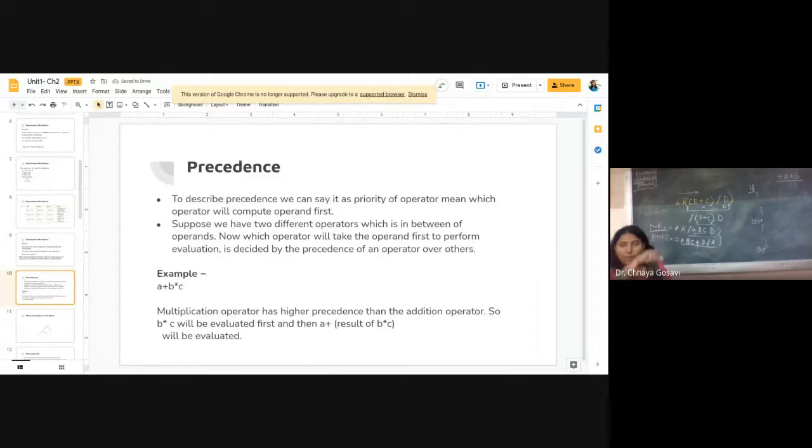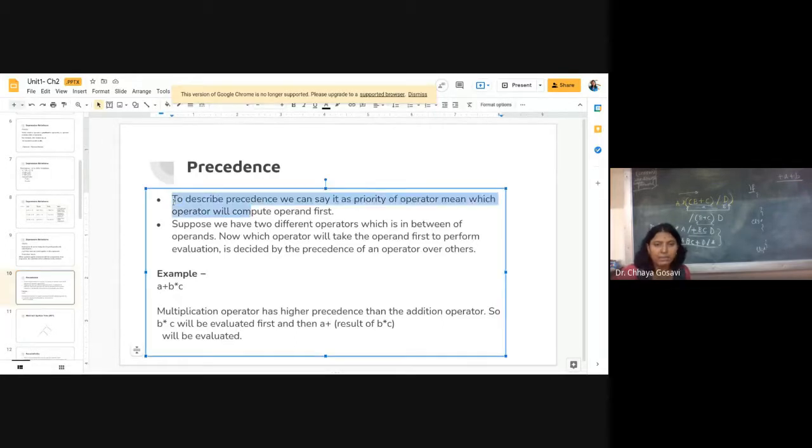We have just talked about what is precedence and associativity. So precedence is operator precedence, high precedence operator. To describe precedence, we can say that it is priority of operator, meaning which operator will take the operands first. So many times in programming quizzes or aptitude tests, you will get such types of expressions, and you have to find out the result.